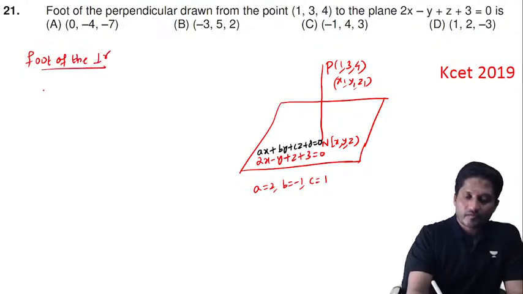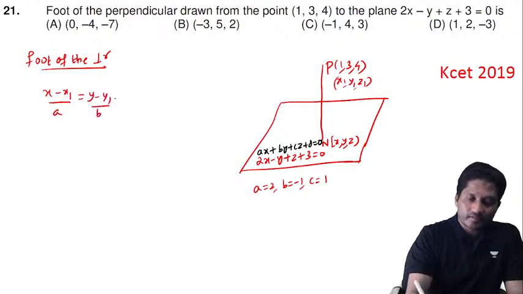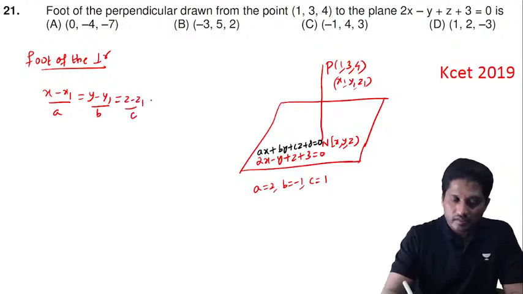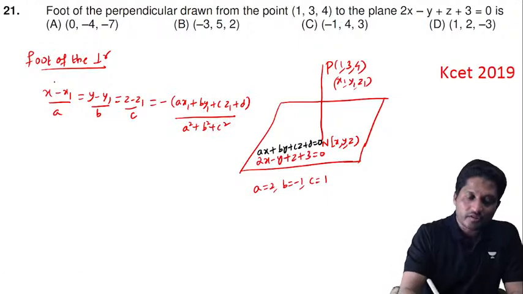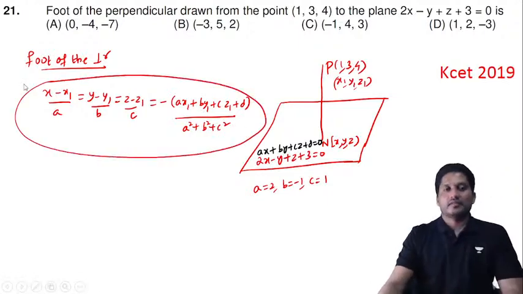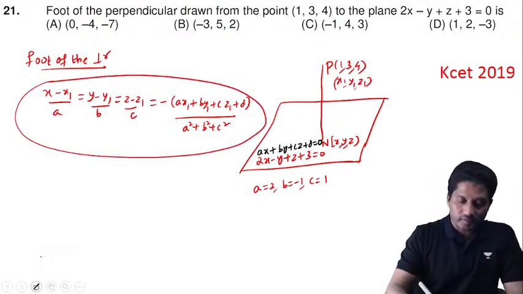Foot of the perpendicular formula is x minus x1 divided by a is equal to y minus y1 divided by b is equal to z minus z1 divided by c is equal to minus of ax1 plus by1 plus cz1 plus d divided by a square plus b square plus c square. For image you multiply 2 on the right side. This is the foot of the perpendicular formula.